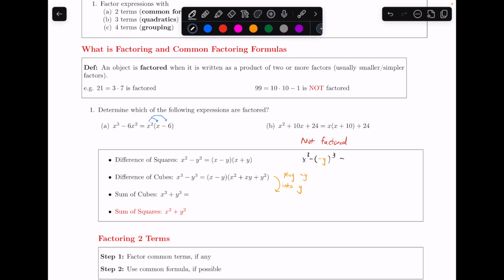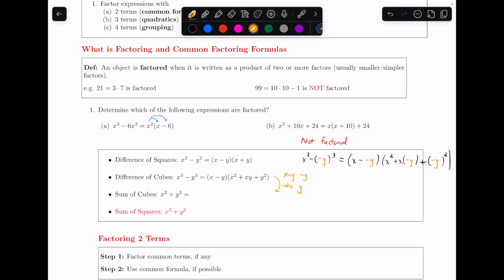And on the right side, I would get x minus, instead of y, I'd write negative y. And then I'd get x squared plus x times negative y. And then finally, plus, instead of y squared, negative y getting squared.